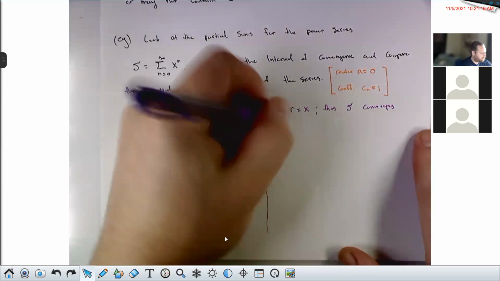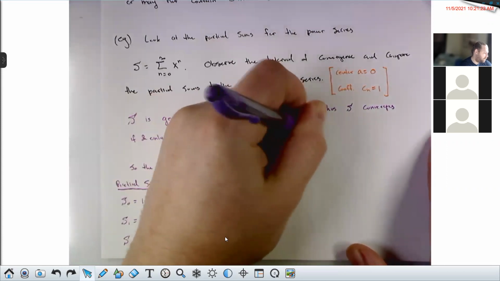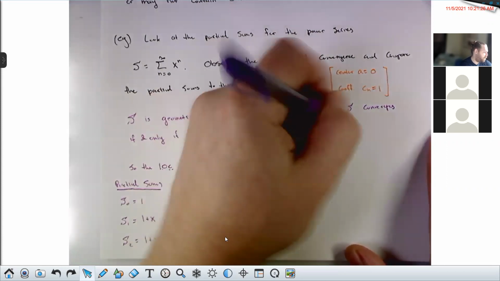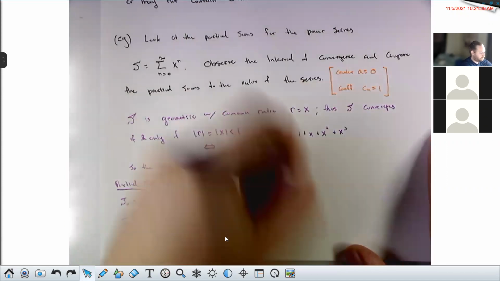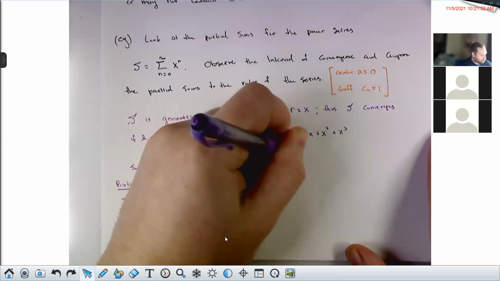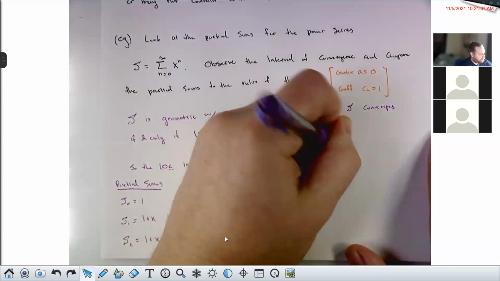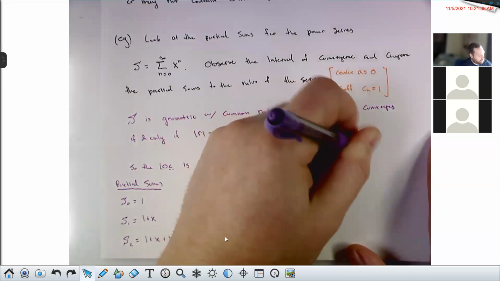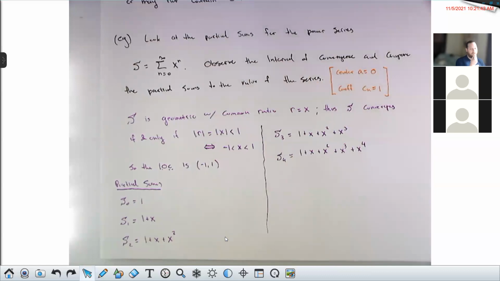I'll continue over here. S sub 3 is 1 plus x plus x squared plus x cubed. S sub 4 is 1 plus x plus x squared plus x cubed plus x to the 4, and so on. So these are the things that I'm going to graph for you in Desmos. I will graph for you these first few partial sums and maybe some extras.